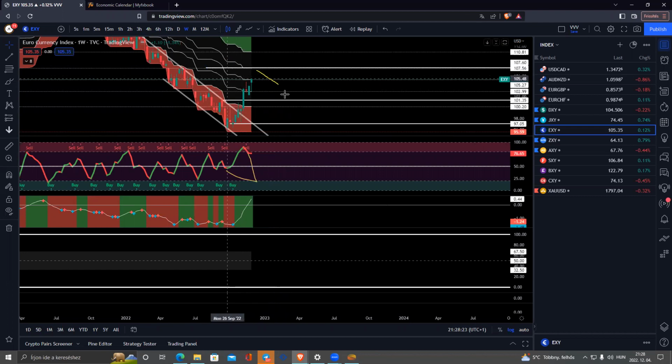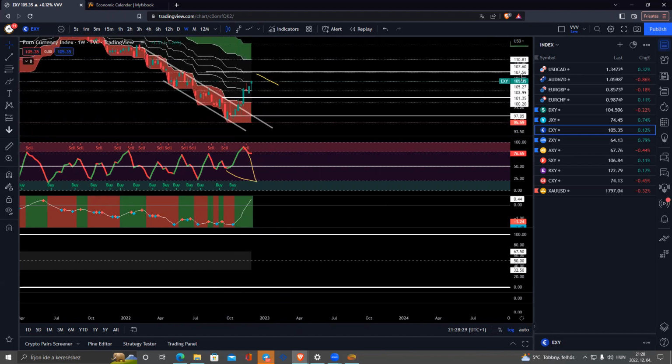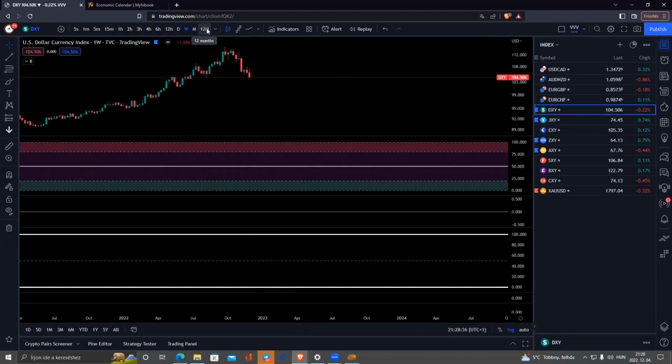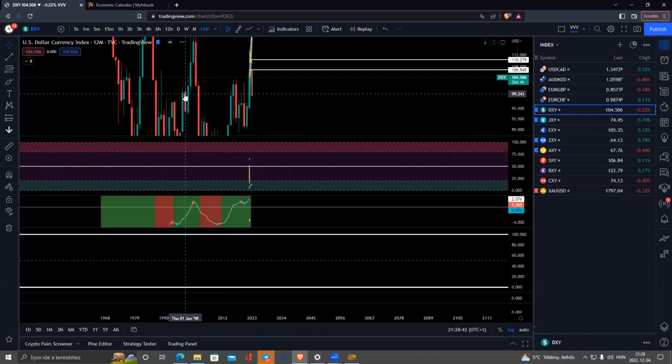For me, it's just a pure correction move, which is made right now from the AXY, because on yearly basis, I'll show you. What's wrong with my PC?